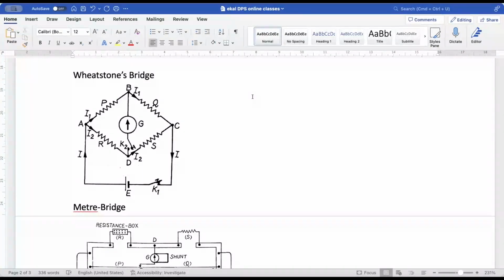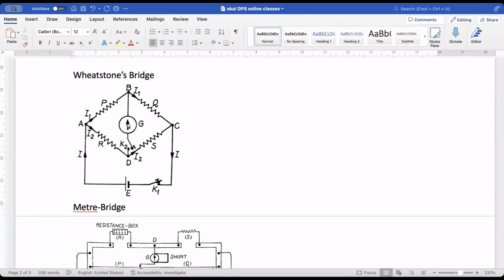ratio of the resistance in the remaining part of the adjacent arms. Right? Like we can see here, P, Q, R, and S. These are the 4 resistors which are connected in the form of 4 arms of parallelogram A, B, C, D. Fine.